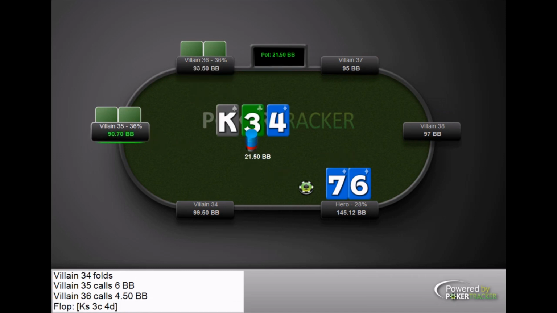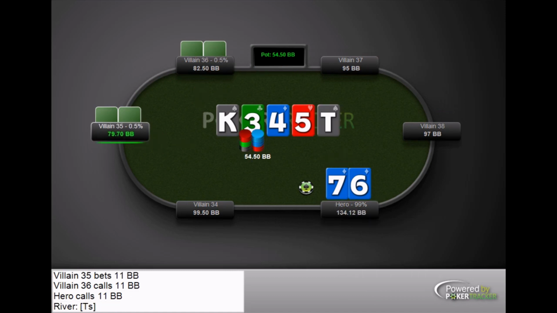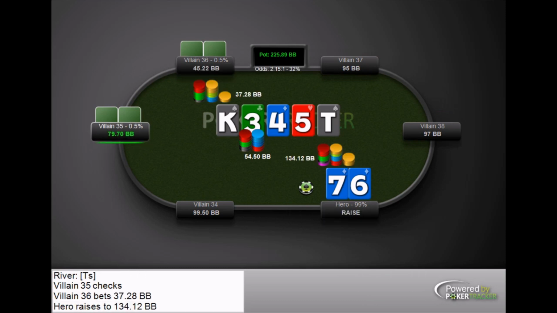So you can construct your calling range on, say, for example, the button in a multi-way pot by using various nutted hands, some strong bluff catchers, and some strong draws. And then you would use these hands, especially the nutted hands, to defend against squeezes on the current street, and you can bet into the remaining opponents on the next street when they check to you.